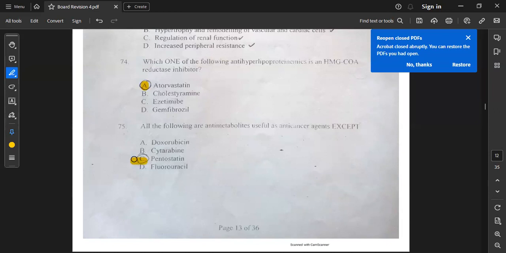Personally, I thought it's doxorubicin. Is doxorubicin an antimetabolite? Yeah, I'm supporting Kemunto. I thought it's doxorubicin. Yeah, it is doxorubicin. Doxorubicin is an anthracycline, and I think it's also an antibiotic.